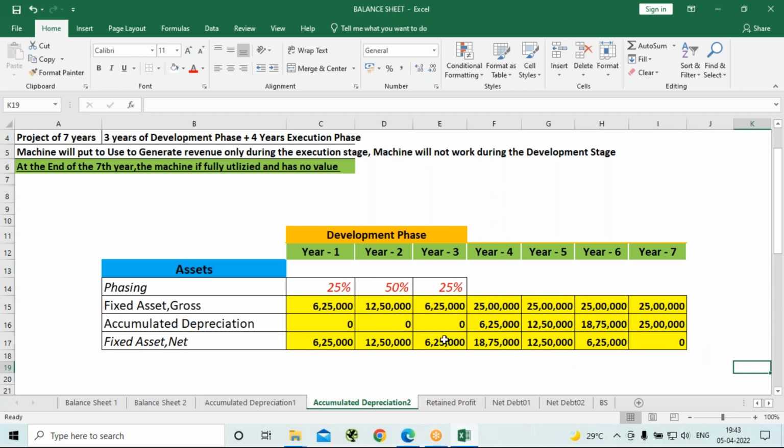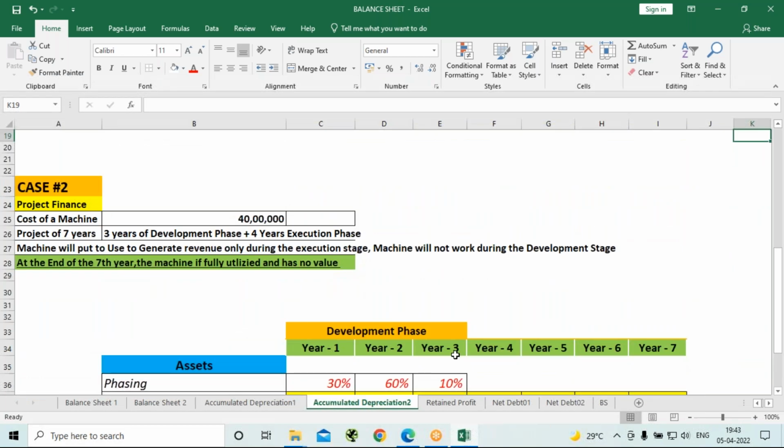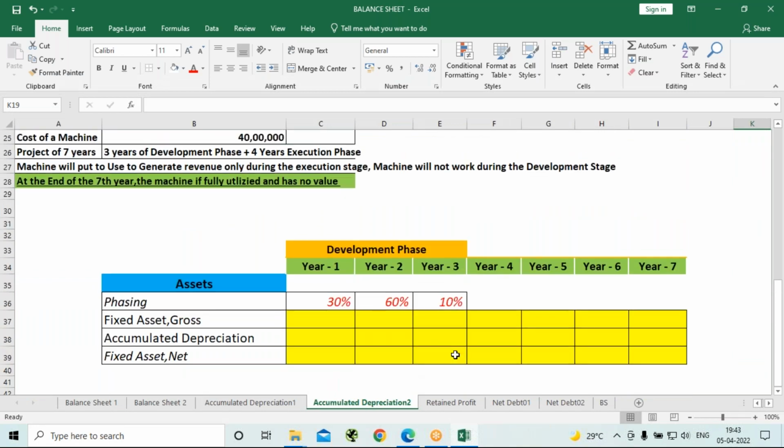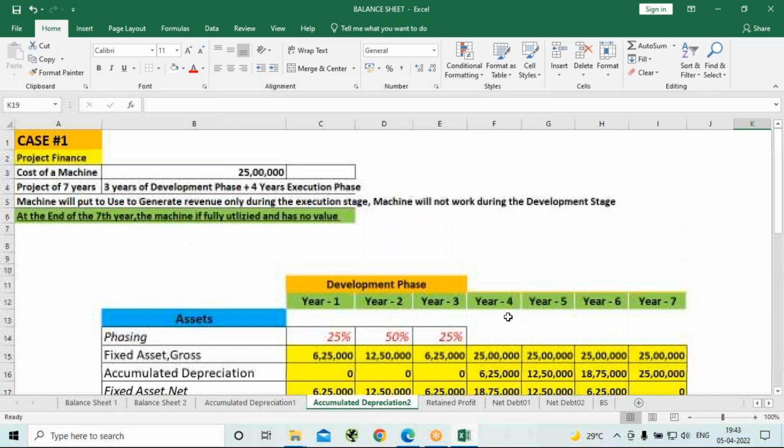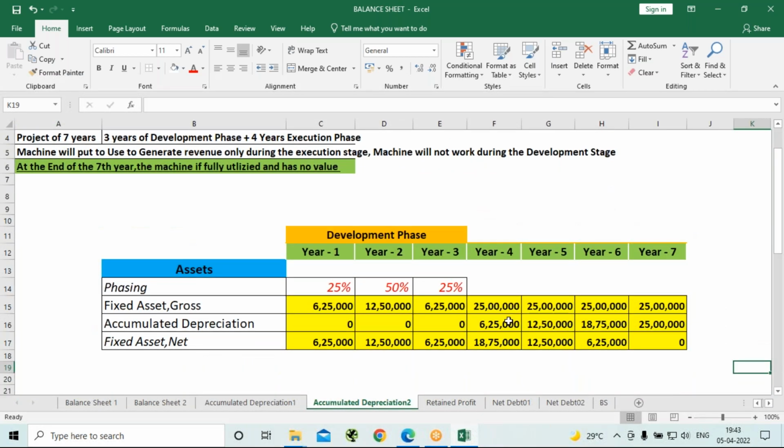So take this reference and try to find out the case number 2. Do this calculation and you can share it with me by the next session. I hope this has also helped you to understand the accumulated depreciation calculation. So try it and let me know the result by the next class.